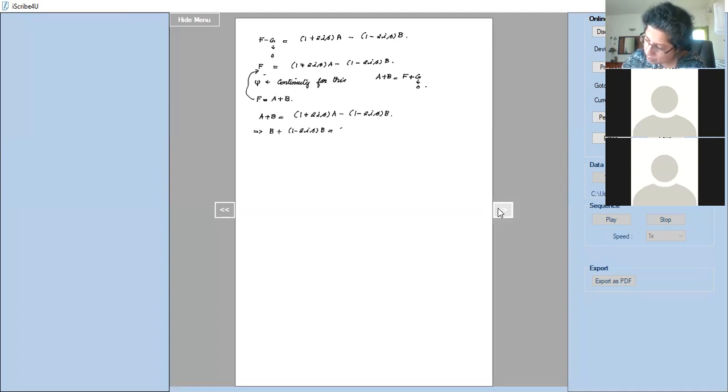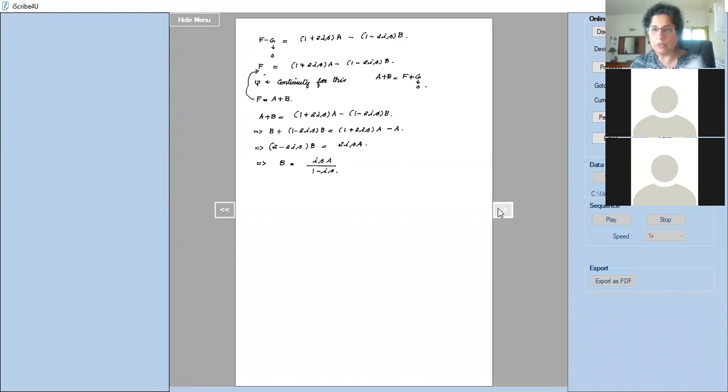1 plus 2iβ A minus A, correct? So this implies that we get 2 minus 2iβ B is equal to 2iβ A. I hope I have written this correctly. And then of course the 2's will cancel out, so you will get B equals iβ A divided by 1 minus iβ.